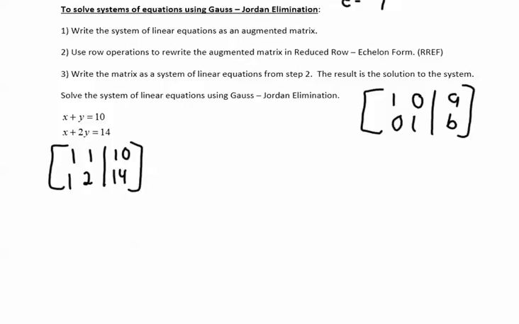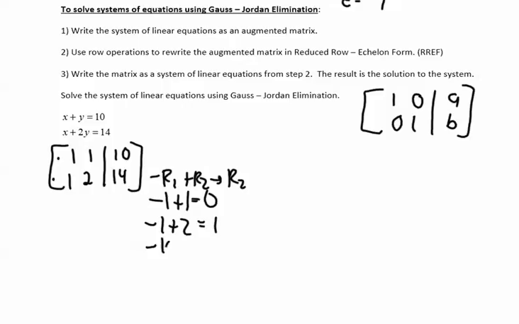Okay, so this one is here, but I need to get rid of this one here. So using row 1, I'll take the opposite of row 1 plus row 2 is going to be my new row 2. Okay? All right, so easy to write, -1 plus 1, -1 plus 2, and -10 plus 14.